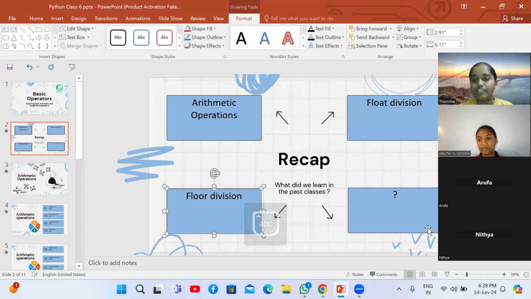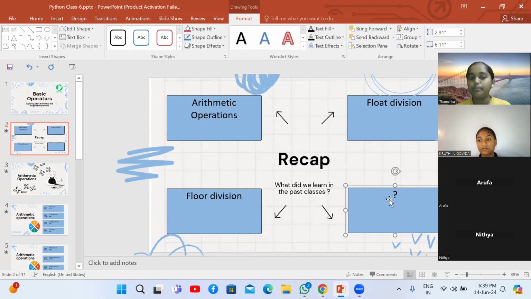What is the difference? In float division, only the single slash we'll use between dividing. In floor division, we'll use the double slash.